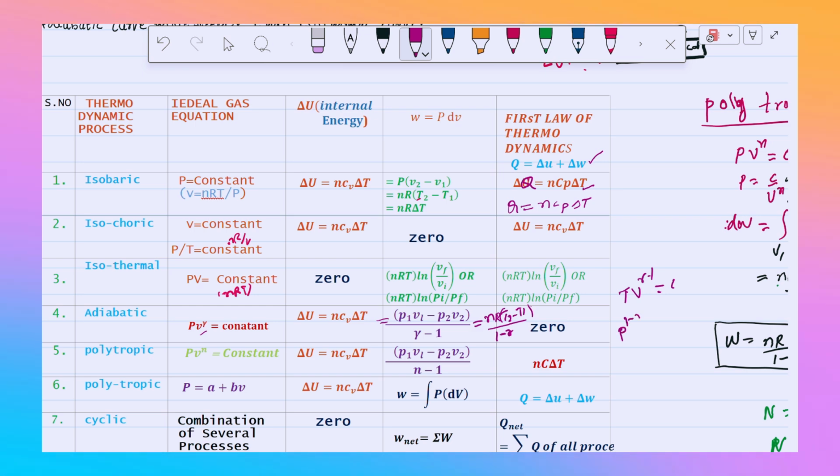Or P power 1 minus gamma into T power gamma is equal to constant. So these formulas you have to use to find out the relation between P and T, T and V, P and V. Those values of P2 or V2 will be substituted in this formula. So related problems I will explain now.